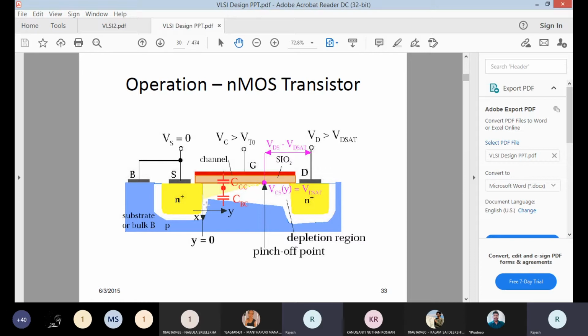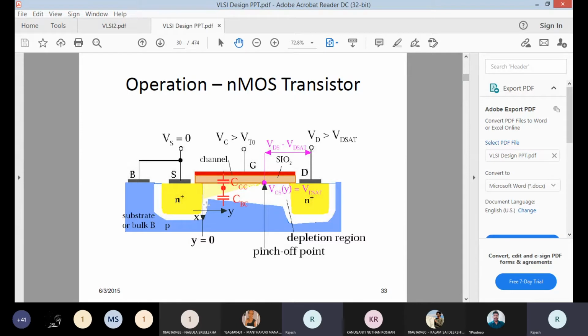So till now in the linear region, as you increase drain voltage, the corresponding IDS is increasing. That is called the linear region, and the corresponding current is called drift current. Drift current is the current due to movement of electrons from source to drain, or in reverse it is IDS from drain to source.